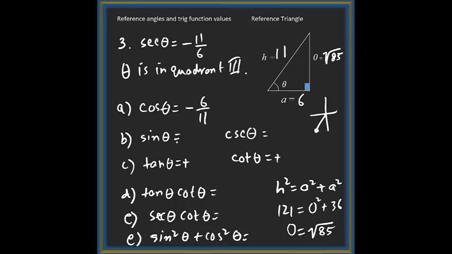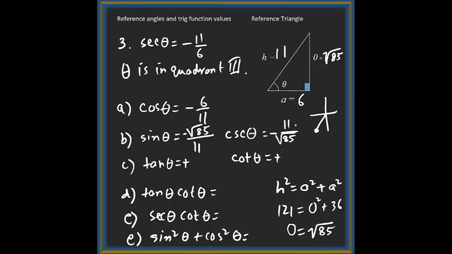Now sine theta is O over H, so it will be square root of 85 over 11, and it is negative, so put a negative in front. Then cosecant will be the reciprocal, so it's 11 over square root of 85.